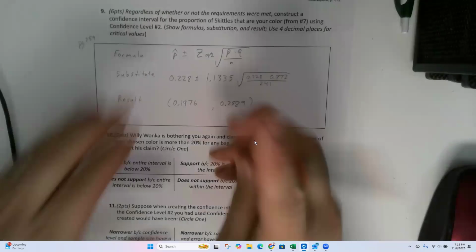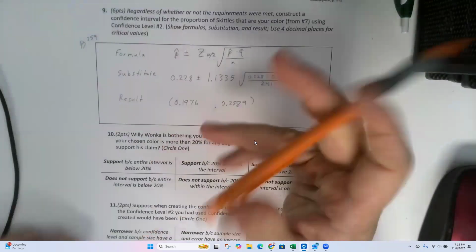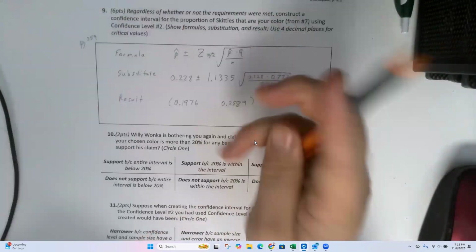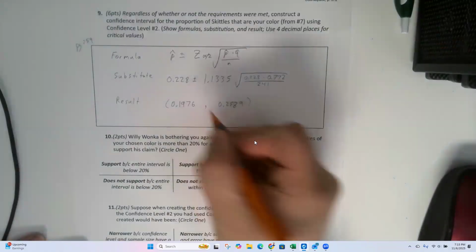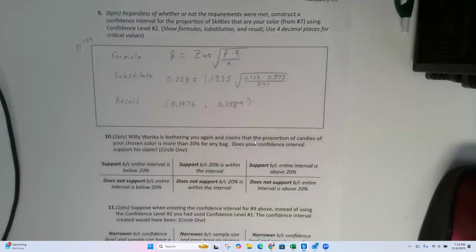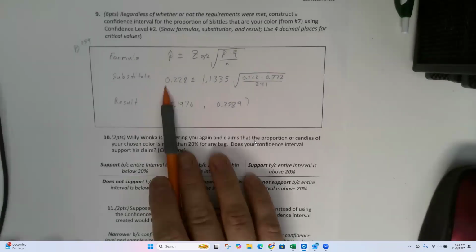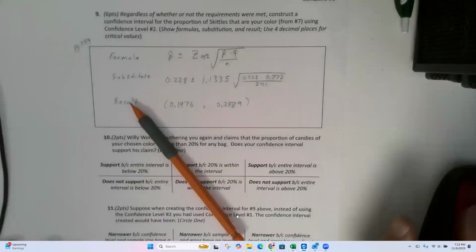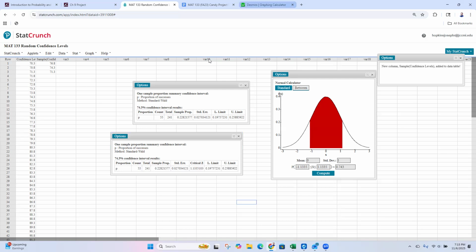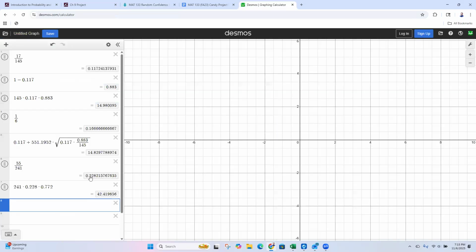If you do it in Desmos or StatCrunch, either is fine. You will get slightly different answers, and I will accept either of those. The reason you're going to get slightly different answers is because we rounded this. It was not actually 0.228, it was 0.228215 and so on.